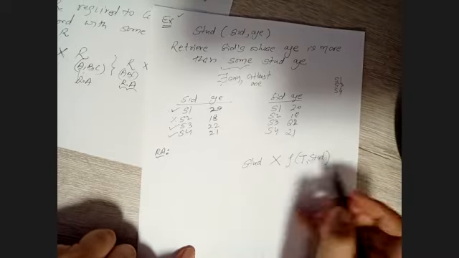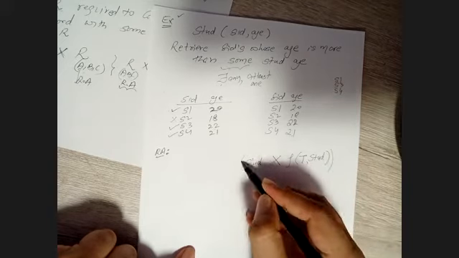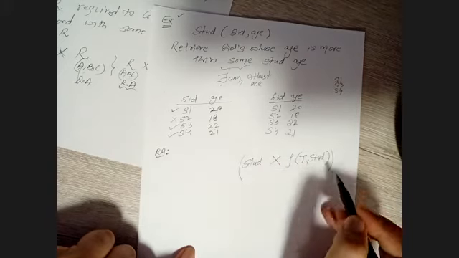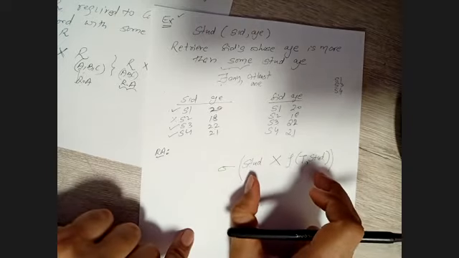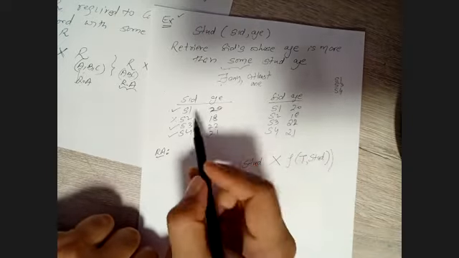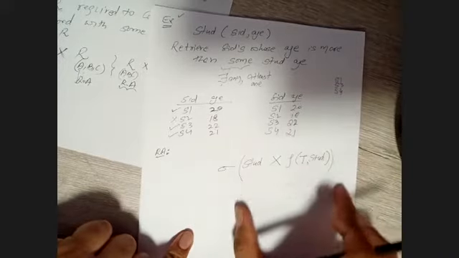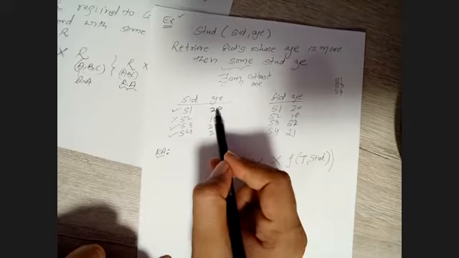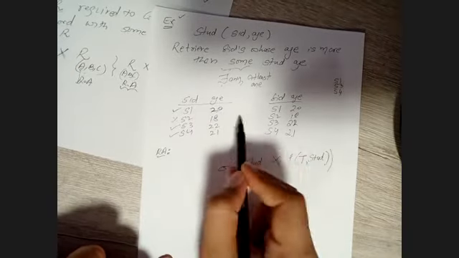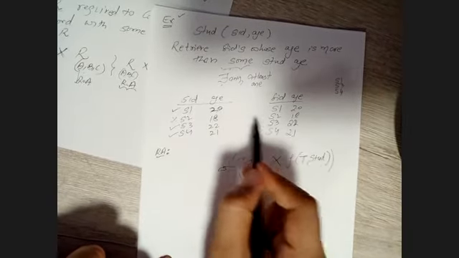After this cross product, I will select those rows. What I have actually done is virtually written a table by the Cartesian product in which every record is related with every other record of the same table.